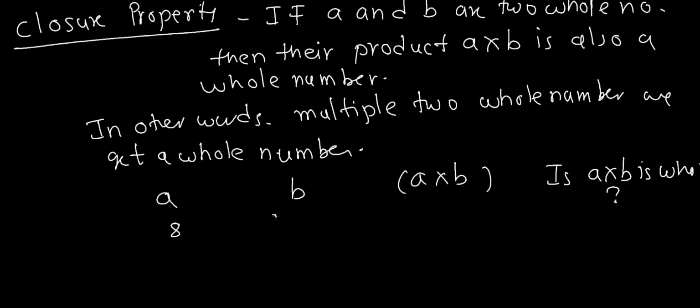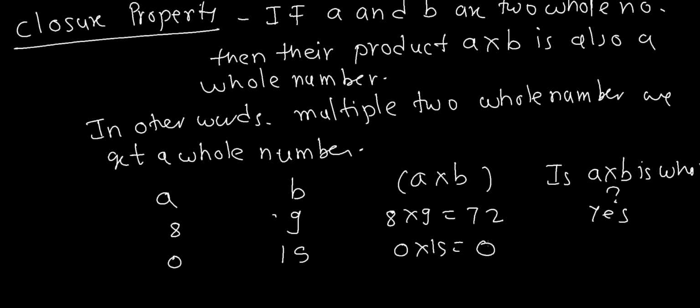So 8 into 9, that is 72. Product is whole number, yes. Then 0 into 15, product is whole number, yes. 0 is the only whole number which is not natural. So this is closure property.